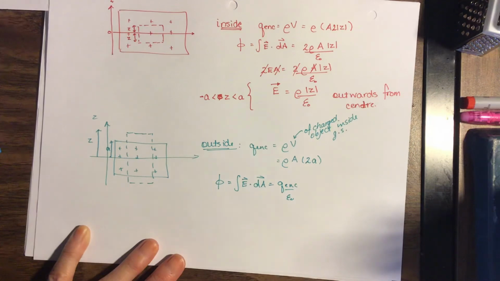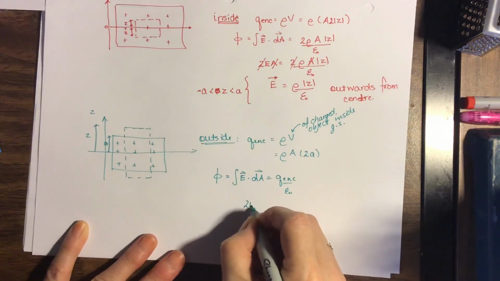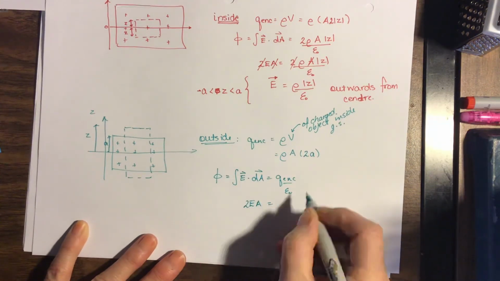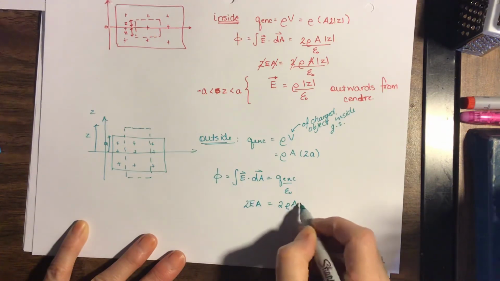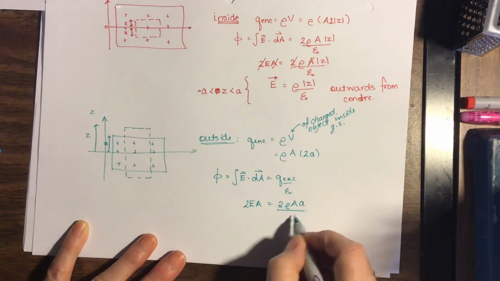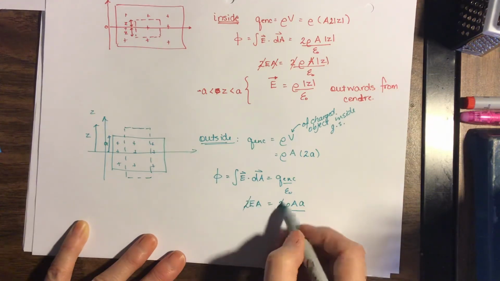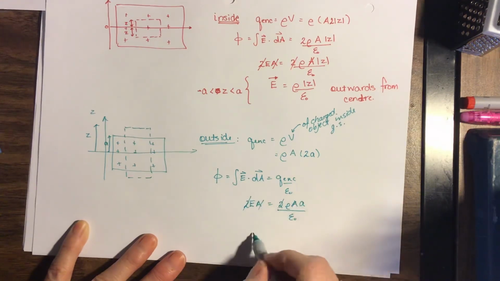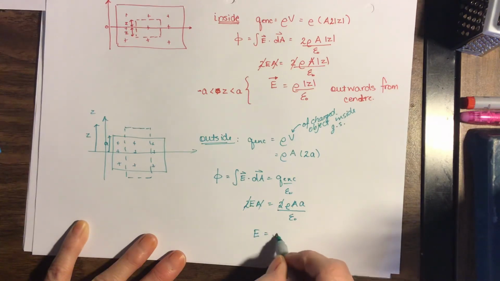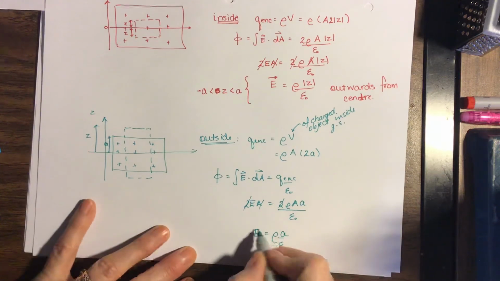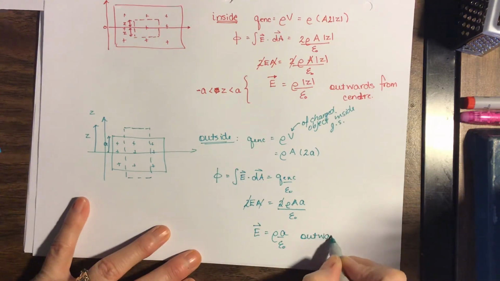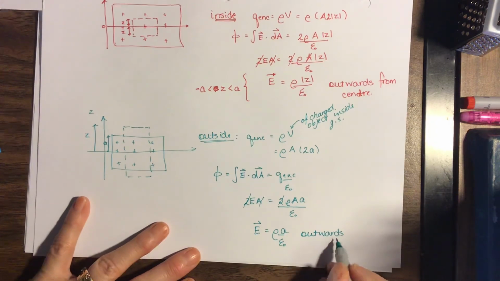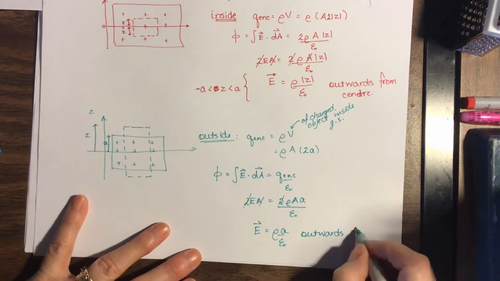I already found out that E dot dA is 2EA equals my Q enclosed, which is 2 times rho times area times thickness divided by epsilon naught. 2's cancel, A's cancel, E equals rho A over epsilon naught. Electric field is a vector, of course, and the direction is outwards from center. Or I suppose from here would be outwards from the block.